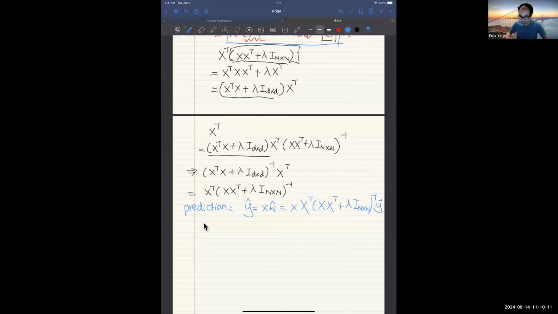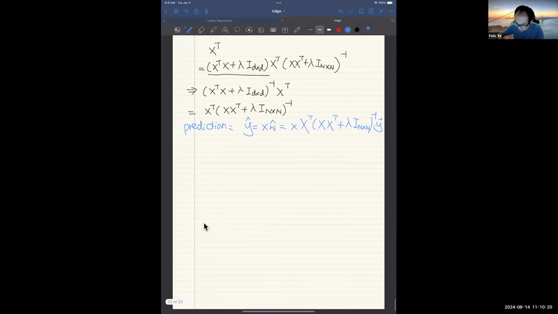In fact, we can make this whole thing much more efficient by vectorizing everything. In order to make a prediction, first we need to calculate this vector times this matrix. And we also need this matrix multiplication, which is X transpose.